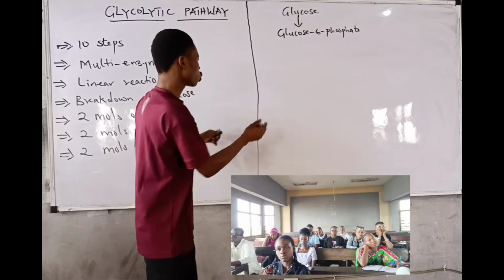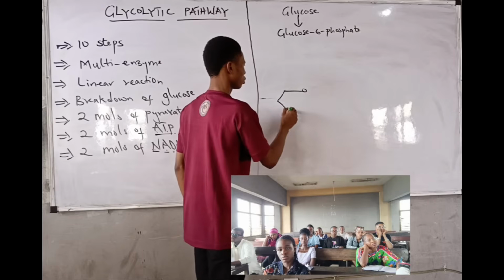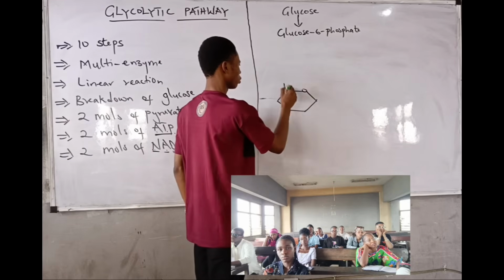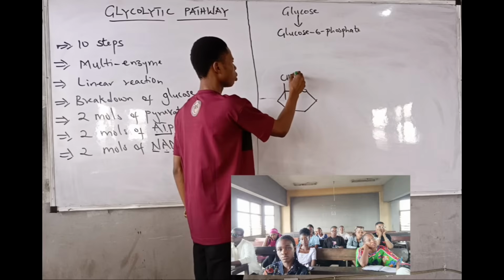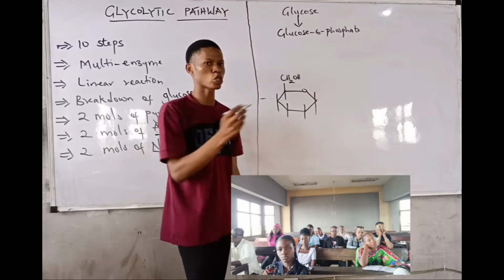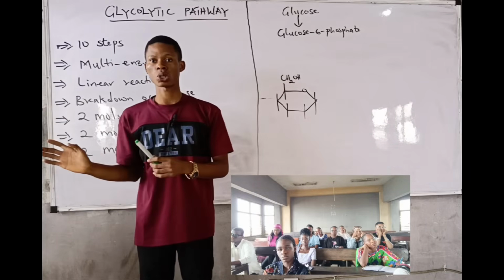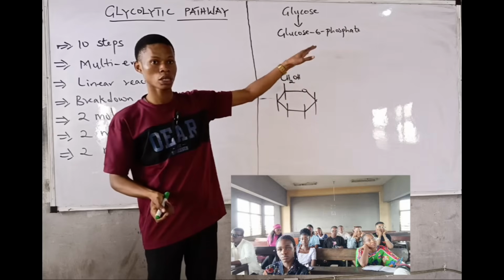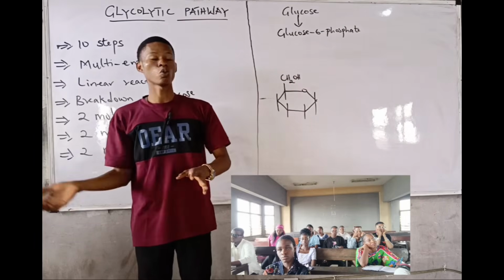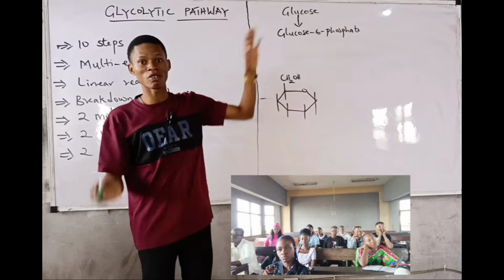So if you are drawing the structure, you have something like this. But don't bother yourself with the structure now, because I want us to finish all the pathways. Then the next time we will cover them with structures. So for now, just know them by their names. When we are done with all the pathways, we'll come back to each of them with the structures, and they are very easy to draw.